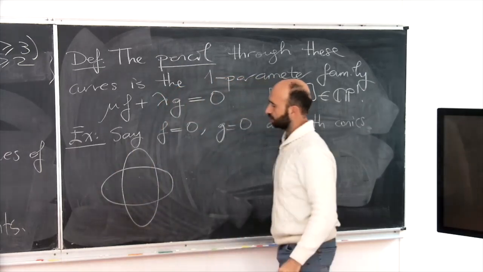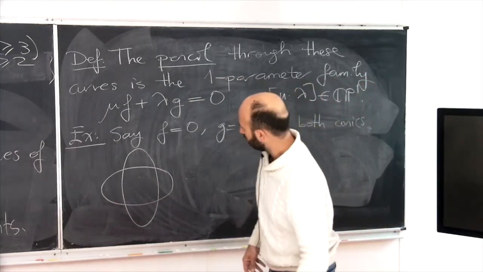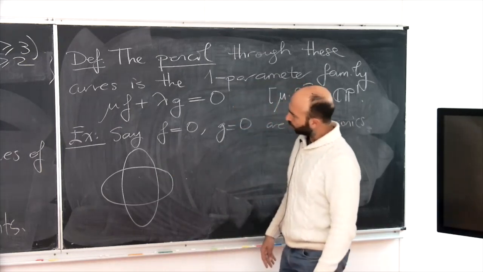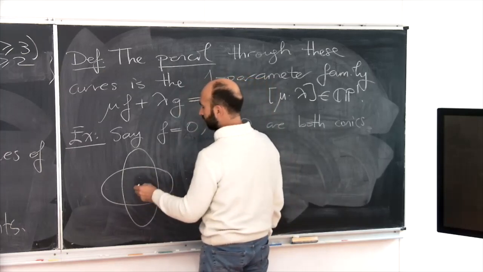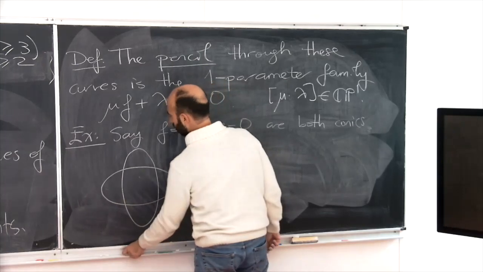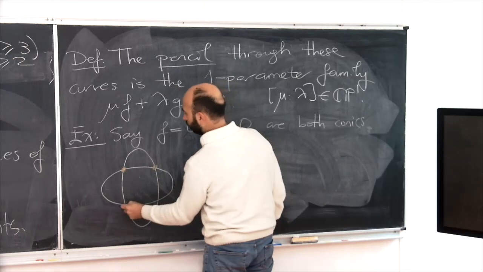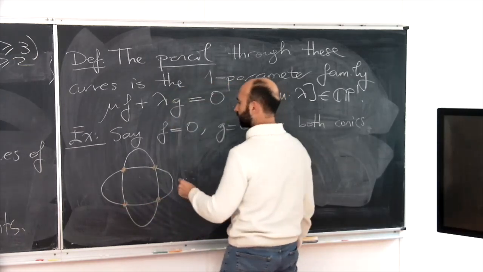For example, these could even be real, like two ellipses, but you can imagine the complex analog. Well, you begin to interpolate between these two polynomials. Now, any linear combination like this will still vanish on these intersection points. So these 4 points will be a member of every curve in this pencil.